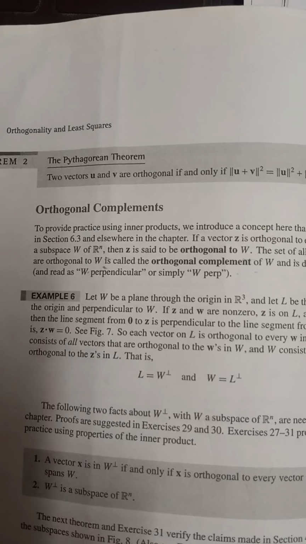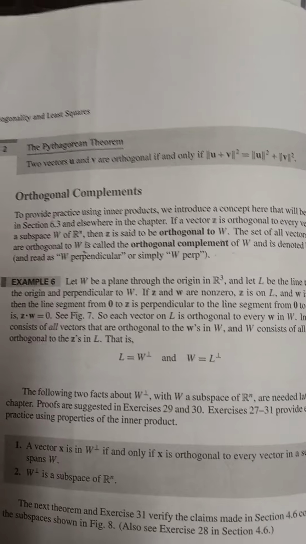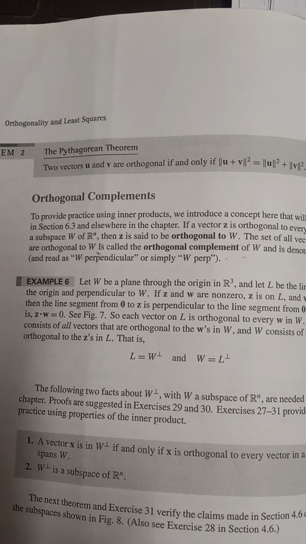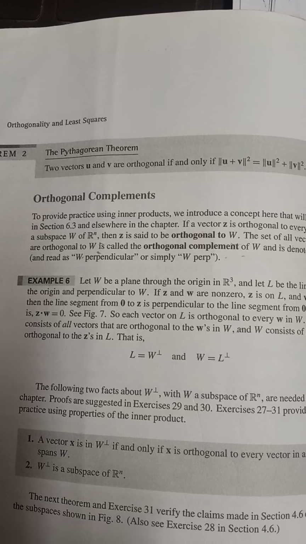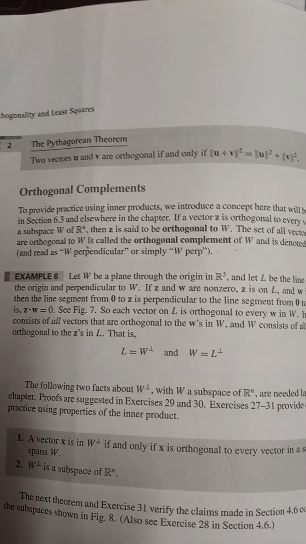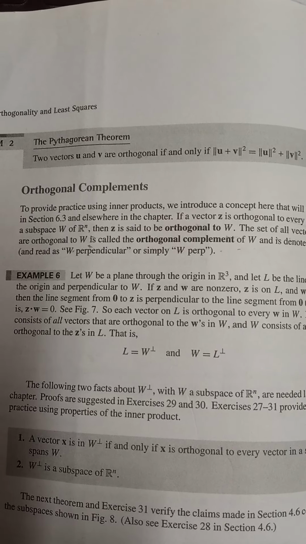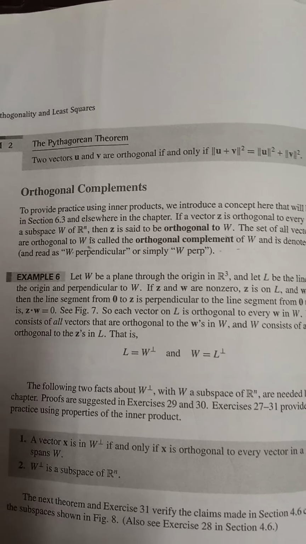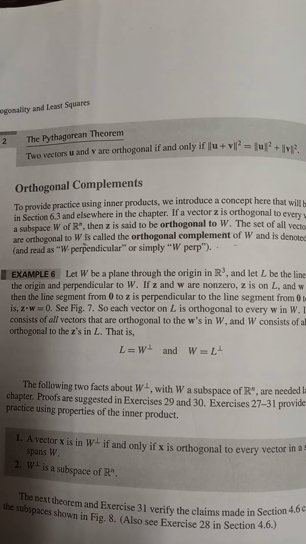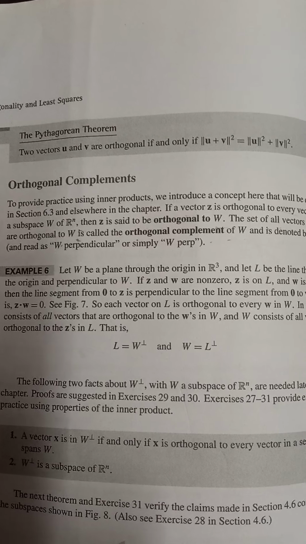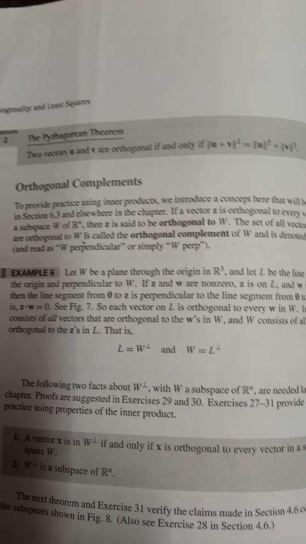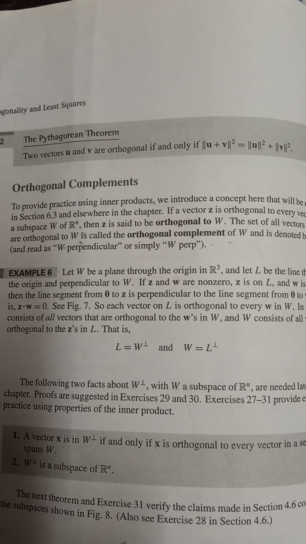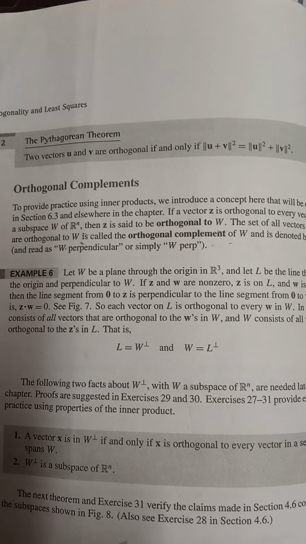What is the definition of orthogonal complement? Now here R power n is a vector space, and W is a subspace of R power n. Okay. Now we have to collect. Suppose let Z be a vector in R power n, which is orthogonal to every vector in W. What is W? Subspace of R power n. Then we can say that Z is orthogonal to W. That's fine.